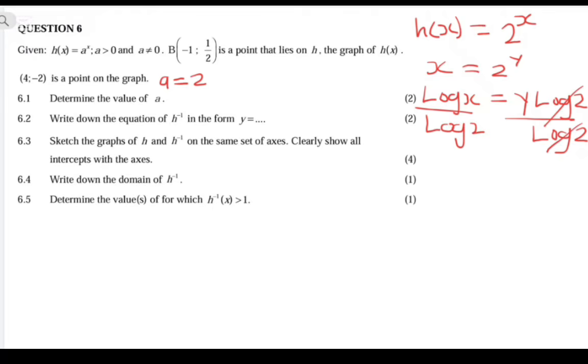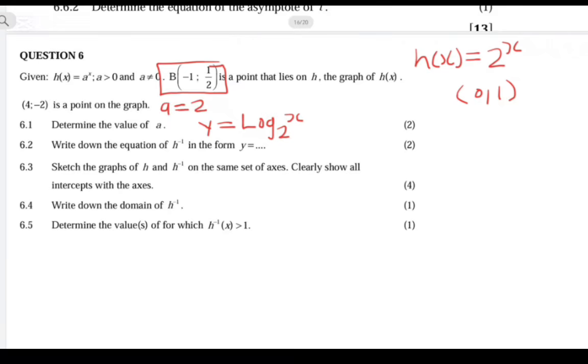So this is going to cancel this, and y is going to be equal to log of x over log of 2. Even if you jump here and write this, you're still going to get the 2 marks, but this that is there is just an understanding of the logs actually. So yeah, we can move on to the next question.